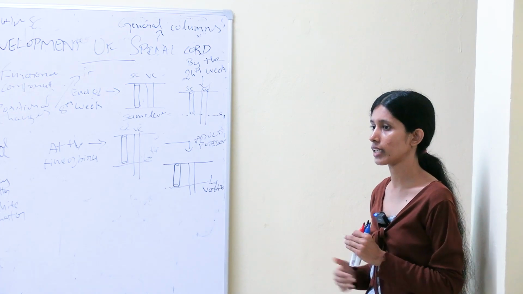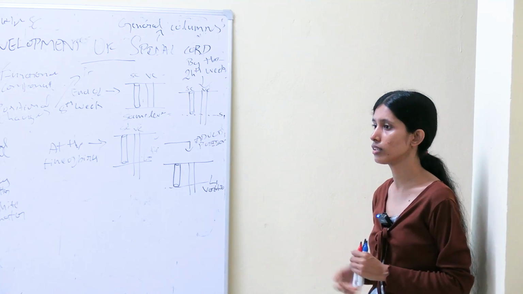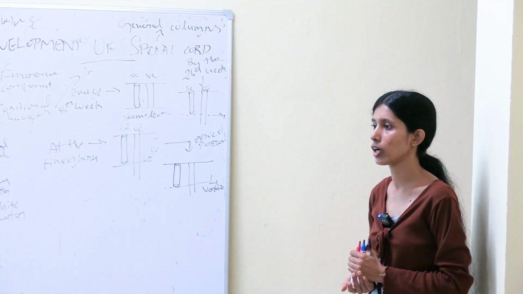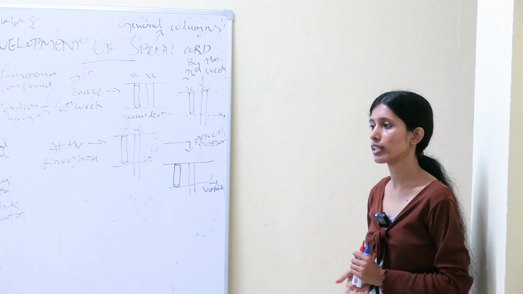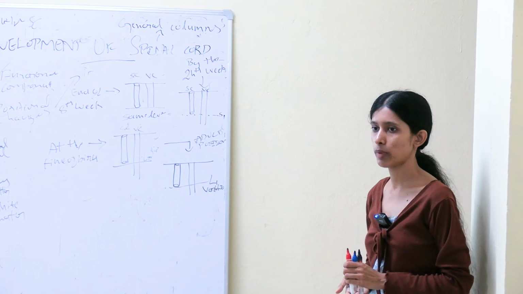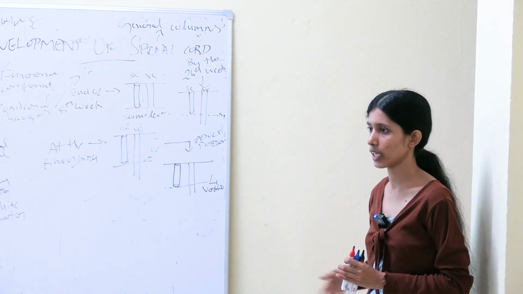Then after certain development or growth, if we check the position of your spinal cord, it is at the level of L1 vertebrae, and that is the final position of your spinal cord. So, why are these changes taking place?